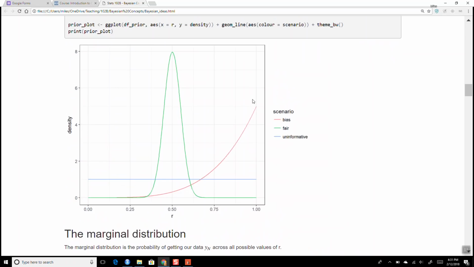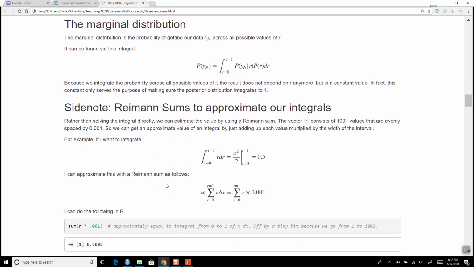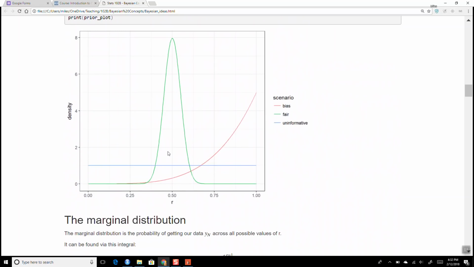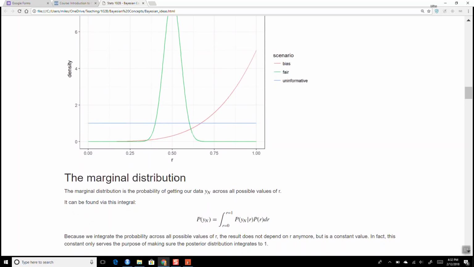Even if you show me a coin that lands heads 100 times out of 100, I'm going to look at that and say, this does not fit in with my prior belief about the world of coins. I can multiply by the likelihood of that thing, which is very small, but it doesn't work out. So the prior belief will not be adjusted. So you don't want to have too skinny of a prior.